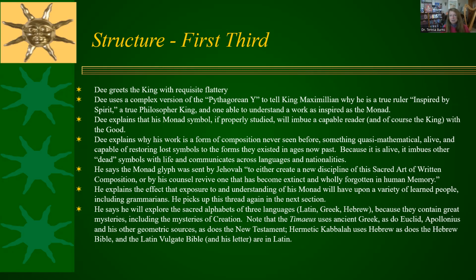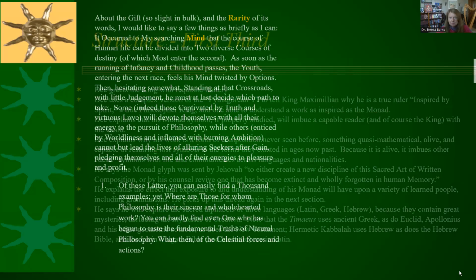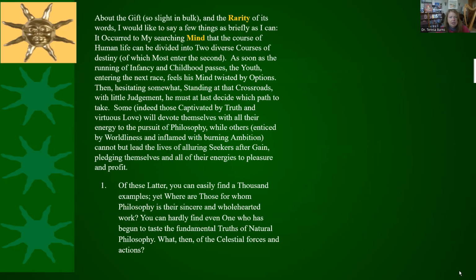And the New Testament of Dee's time is not the King James edition of the Bible. That's years to come. It's mainly a Greek New Testament if you are someone as learned as Dee. Also, Hermetic Kabbalah, of course, uses Hebrew, as does the Hebrew Bible, and the Latin Vulgate Bible and his letter are in Latin. So we're going to continue on in his letter.